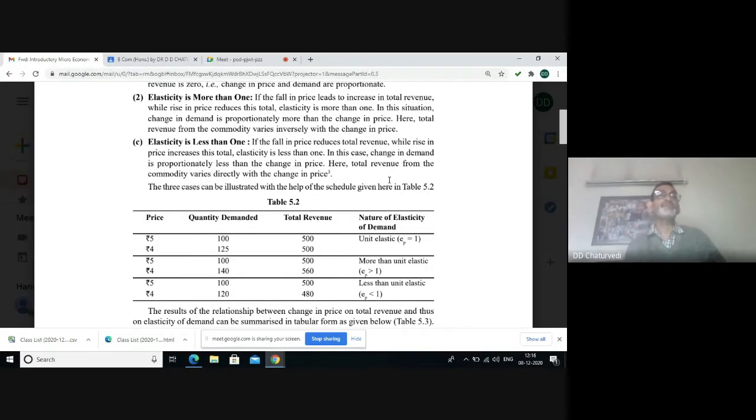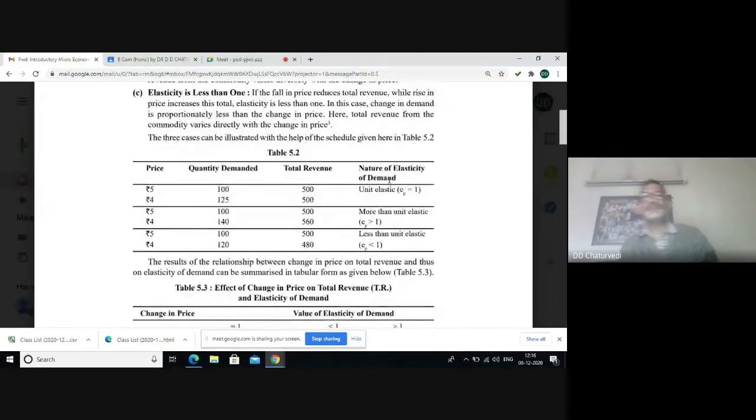And this happens because change in quantity demanded is proportionately more than the change in price. The third case, elasticity of demand being less than 1: when fall in price reduces the total revenue and rise in price increases this total, elasticity of demand will be less than 1.